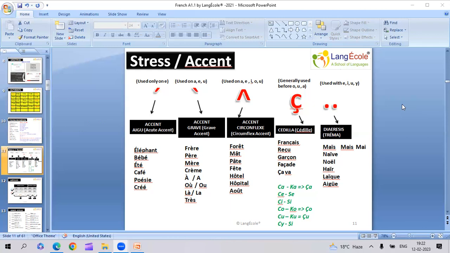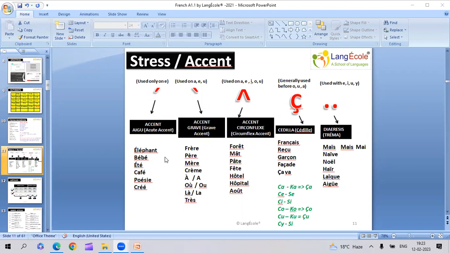So first of all, we'll go ahead with accent aigu. Accent aigu is also called acute accent, not cute accent, acute accent. What you will find with this accent, accent aigu, is that it goes in this direction, from down to up on the right side.